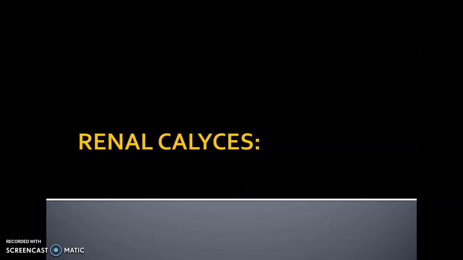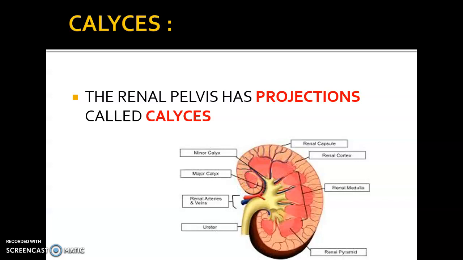Now let's have a look at the next part, that is the renal calyces. If you have a look at the renal pelvis, you'll see that the renal pelvis is making branches into the inner parts of the kidney. These branches that you're observing here are what we call calyx.